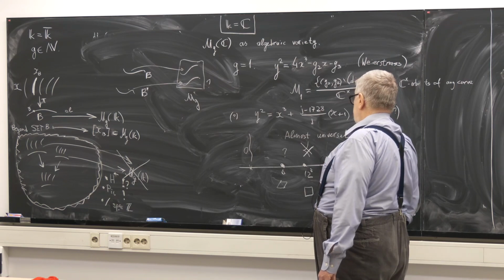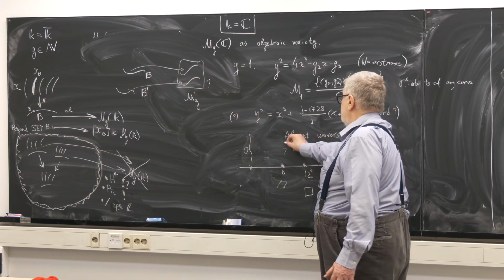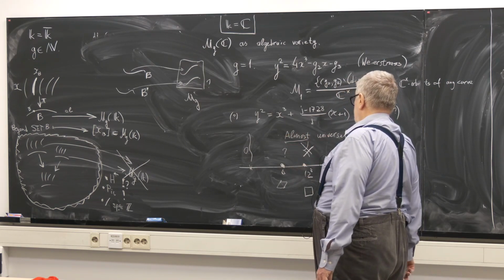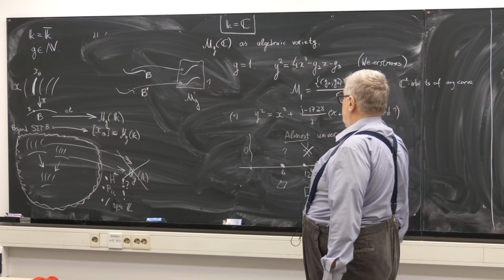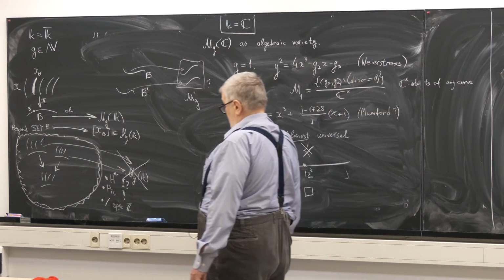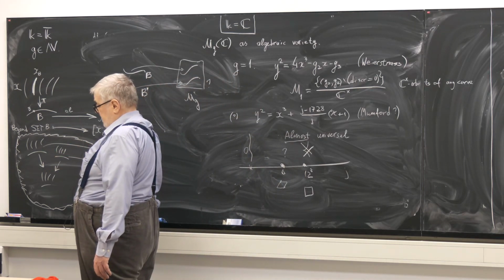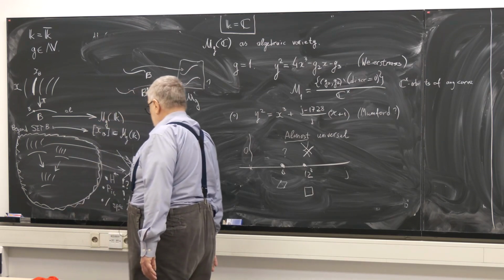Away from these two values of j, we have the base of the universal family of elliptic curves.